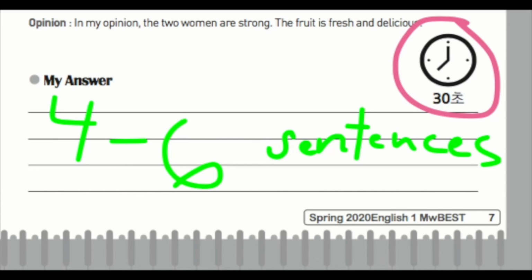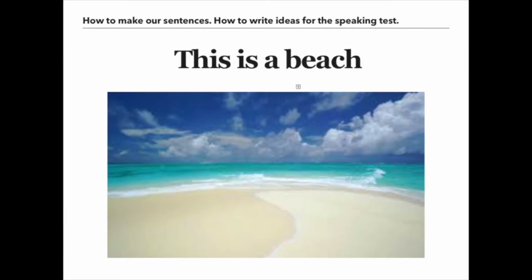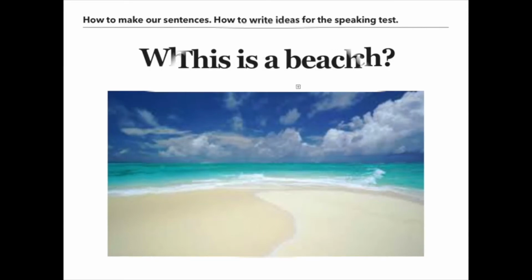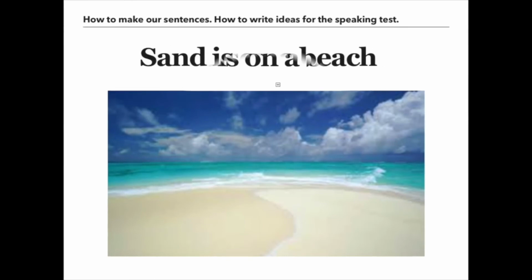Now let's look at some pictures in relation to the picture on page 7. What is this? This is a beach. What is on a beach? Sand is on a beach.